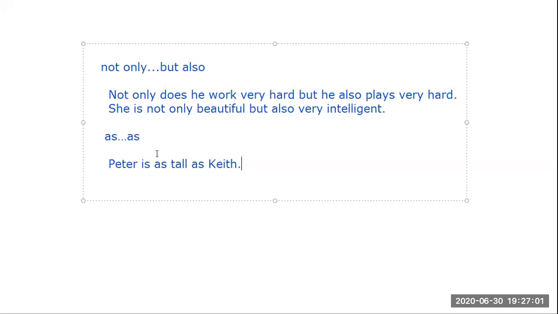So Peter is as tall as Keith. When we use as something as plus an adjective, we are saying that the two things are equal. So Peter and Keith are equal height.